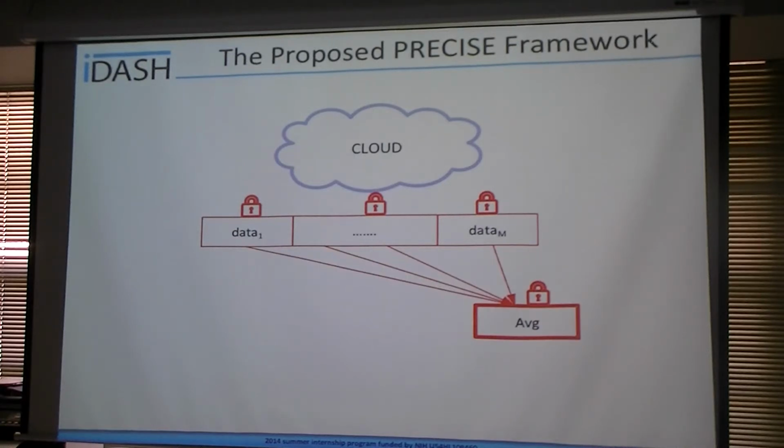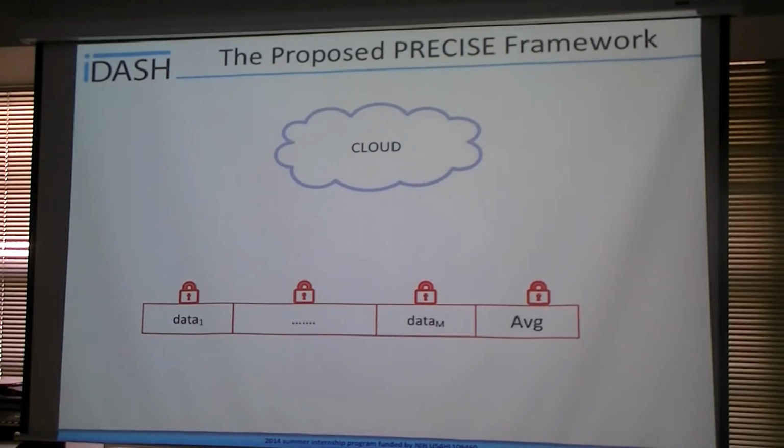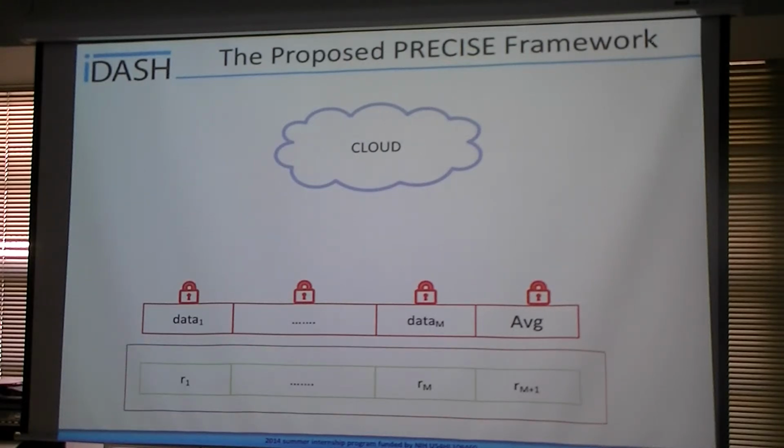Based on homomorphic addition and multiplication, the cloud can compute the encrypted average over all inputs. By then, the cloud has n+1 encrypted data, as in this figure. In the next step, the cloud generates n+1 random masks in the bottom.